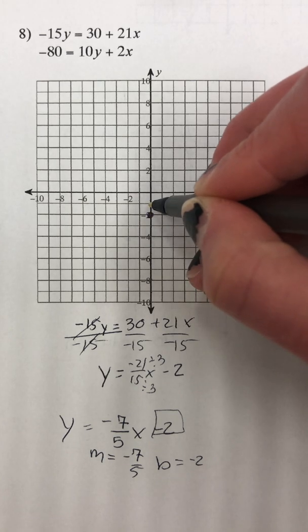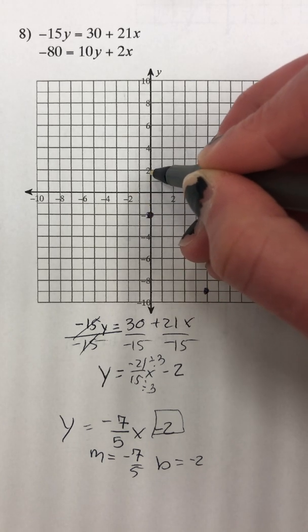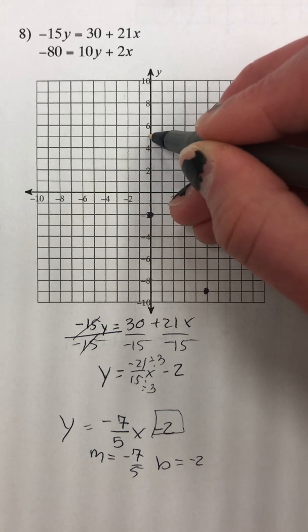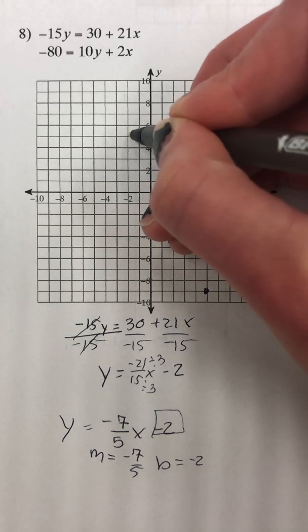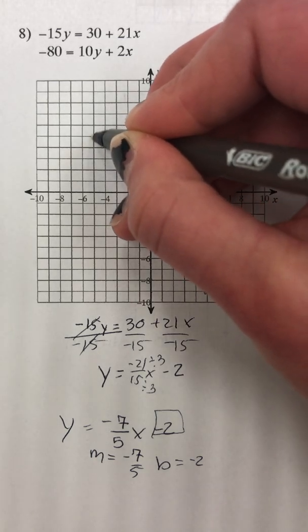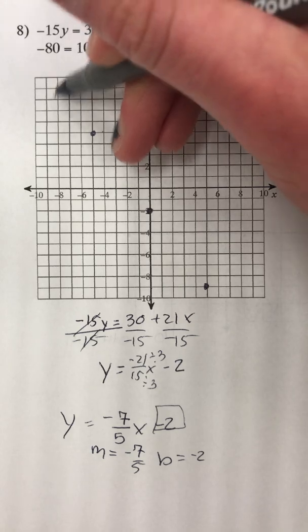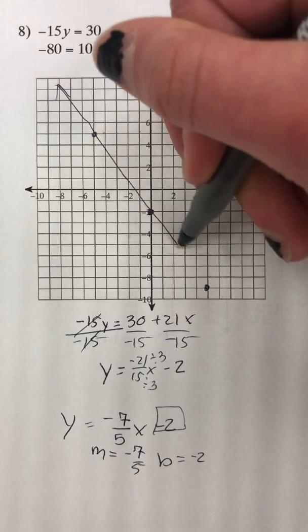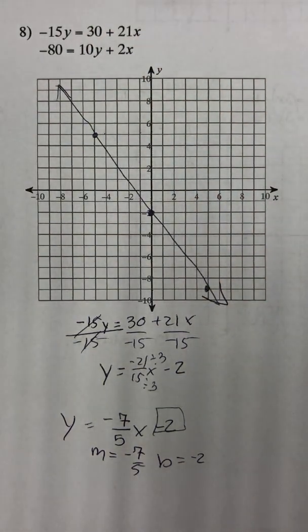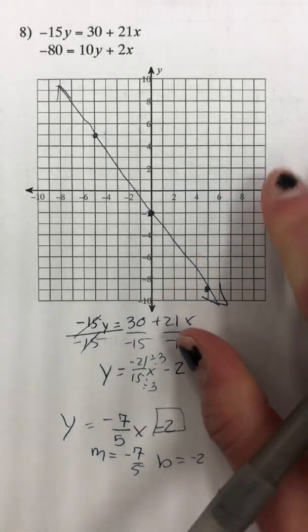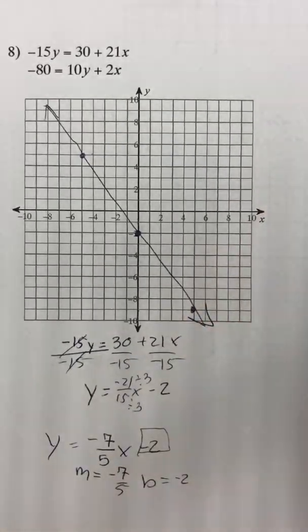Or we'll go opposite: up 7 and to the left 5. And this is going to be our graph, like that. Now we still have to do the other question.